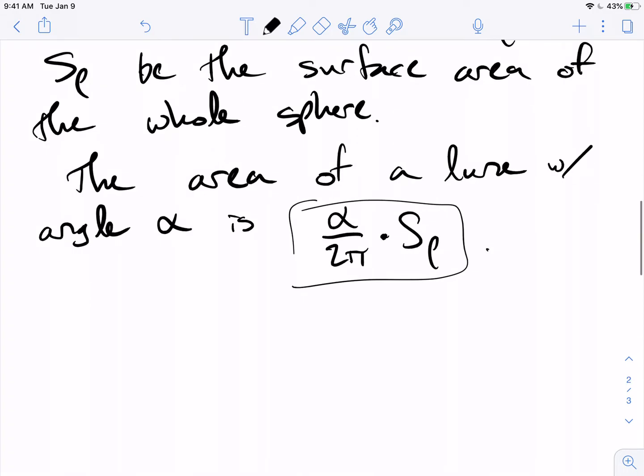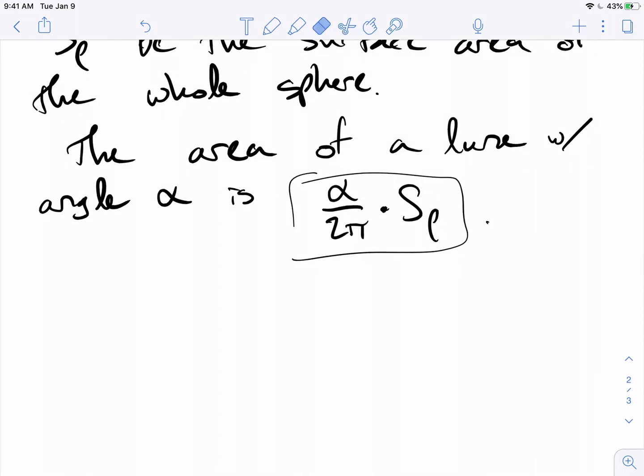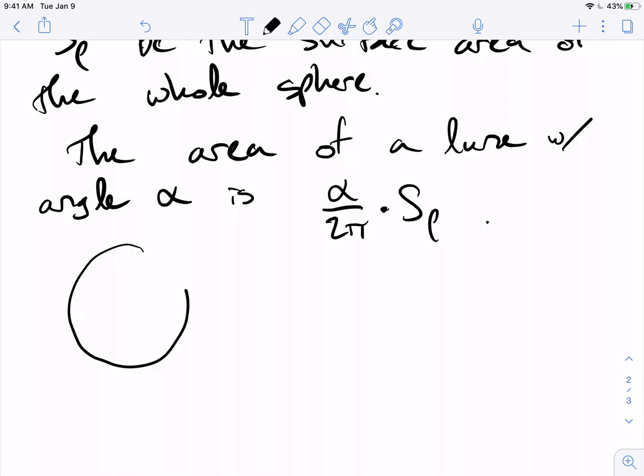Okay, so why is that? Well, it helps maybe to look at the lune from above. So let's imagine that our lune was formed by two longitude lines. So maybe I've got this as my lune, angle alpha here.